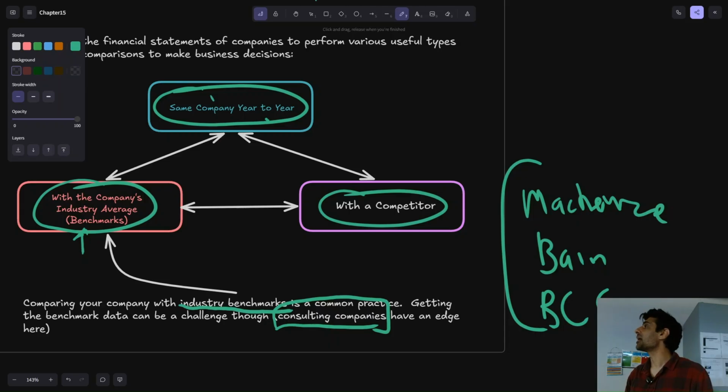So this is a big niche these firms fill: the ability for companies to benchmark themselves. Benchmarking your company against the industry is a very important way to see how you're doing as a business.